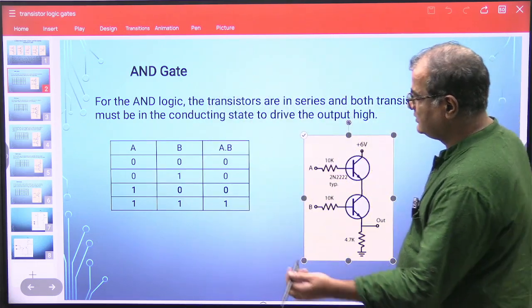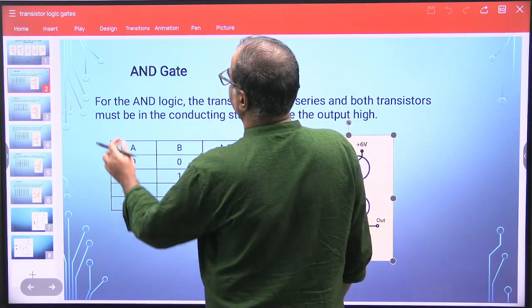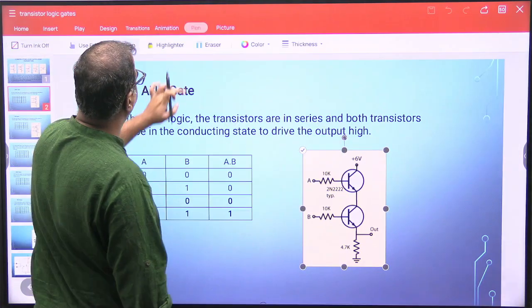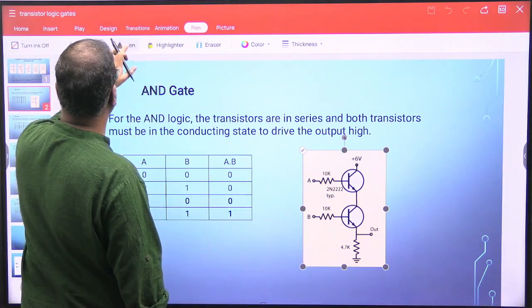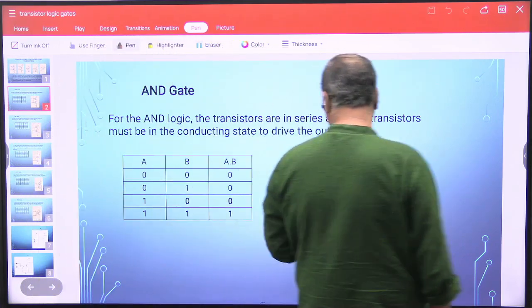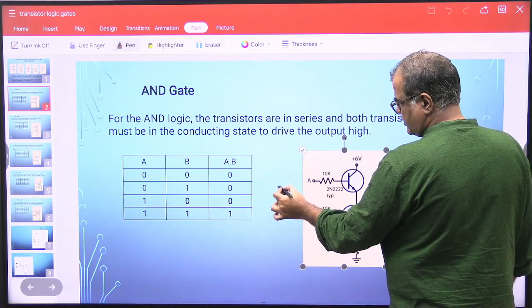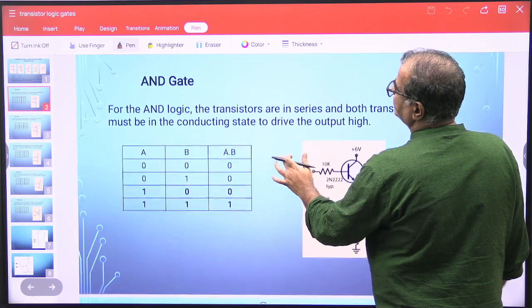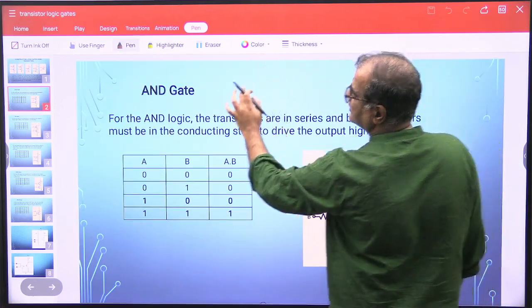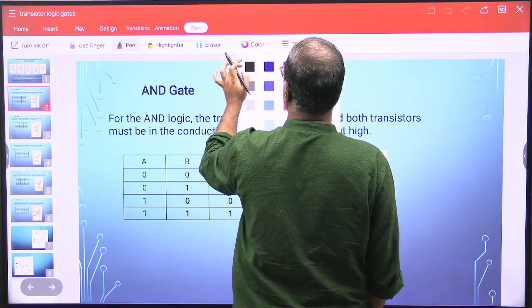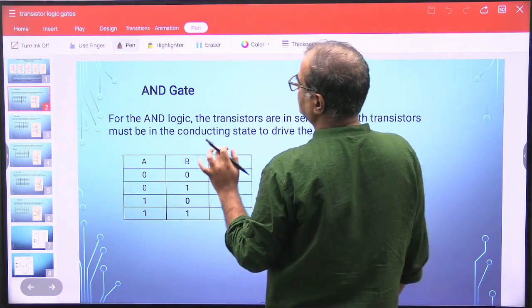How to take the this one? This one. Okay. So say if A is 0, okay.